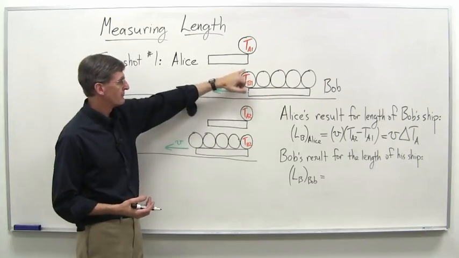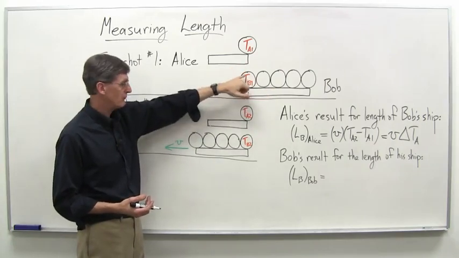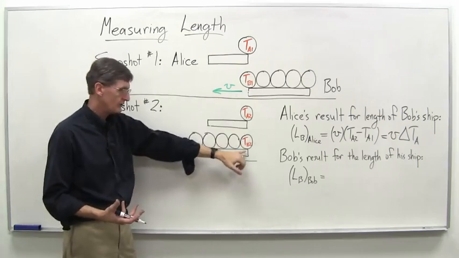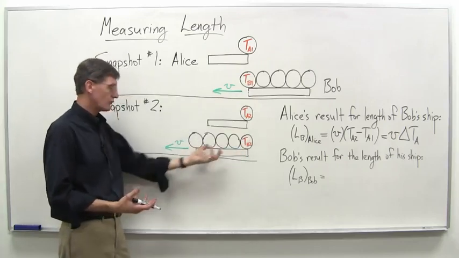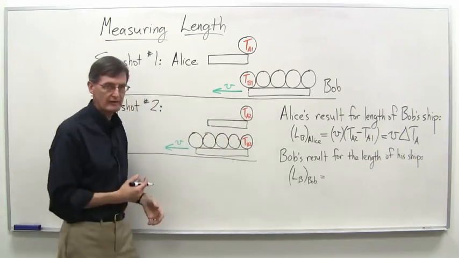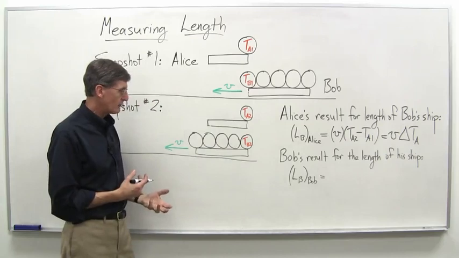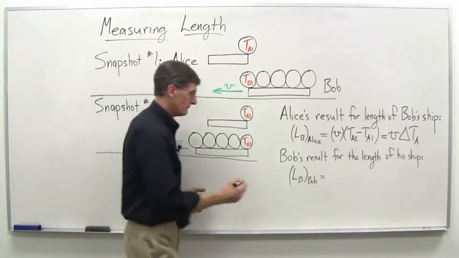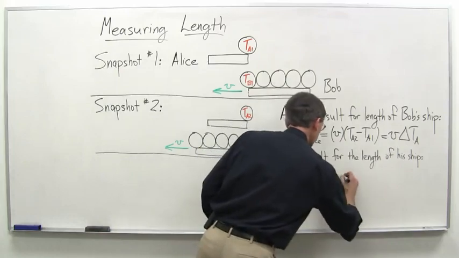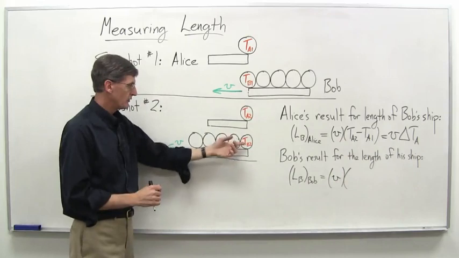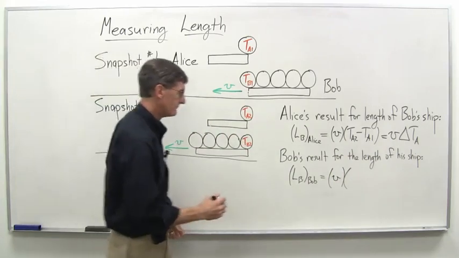So he measures when Alice is at the front of his ship, TB1, and how long it takes Alice to get to the back of his ship at TB2. He's at rest, and Alice clearly is going with velocity v that way. And therefore, the length of his ship is going to be v, the velocity, times the elapsed time on his clocks, TB2 minus TB1.